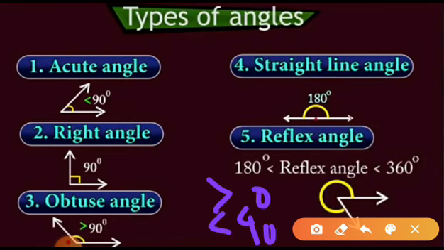Only then is that angle said to be an acute angle. That means 45 degrees or 39 degrees are all acute angles.